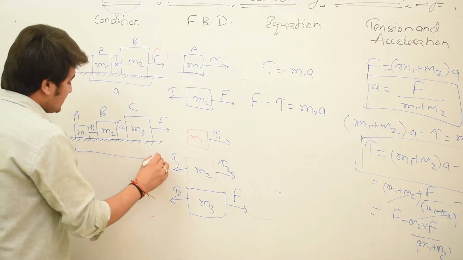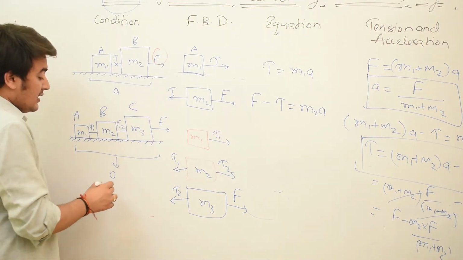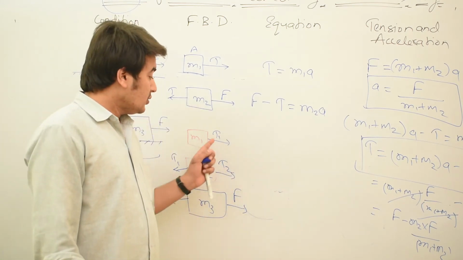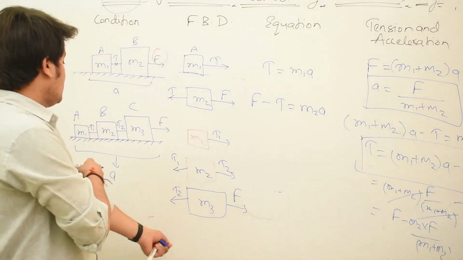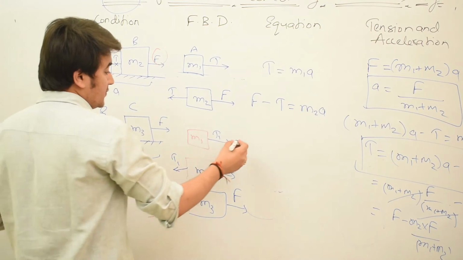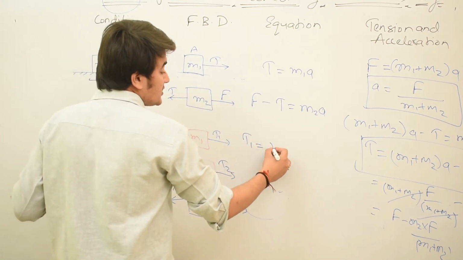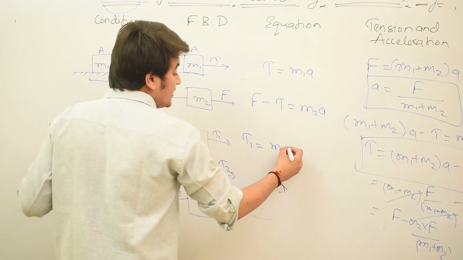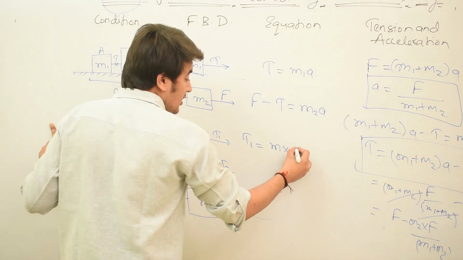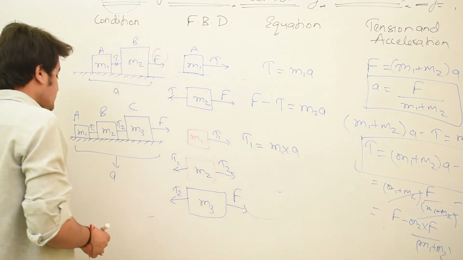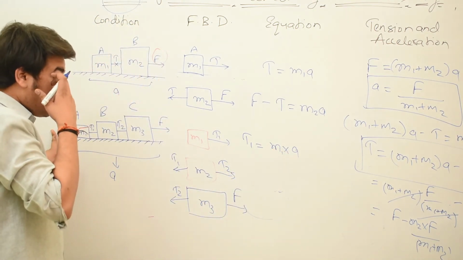Exactly, if we consider that the system is moving with acceleration a due to this force F, then let us start with m1. T1 force is responsible for generating acceleration a on the body of mass m1.